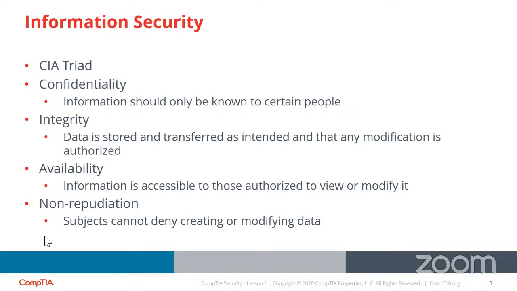the concept is focused on being able to trace an action or activity to a subject such that the subject cannot deny creating or modifying that data. So, for example, if you approve an action or a transaction, you cannot deny approving it.